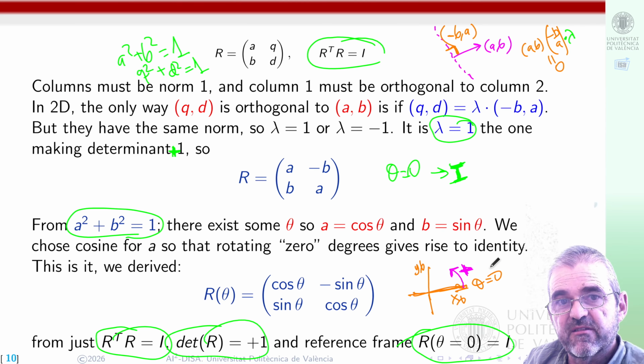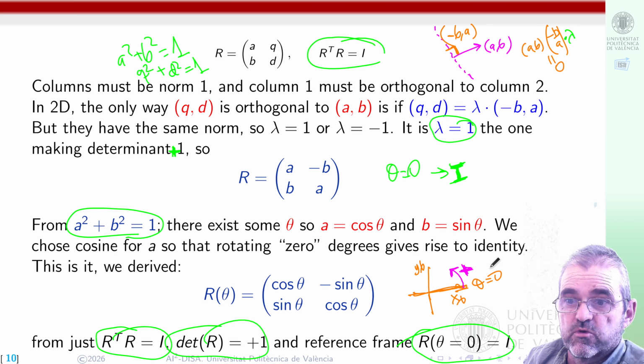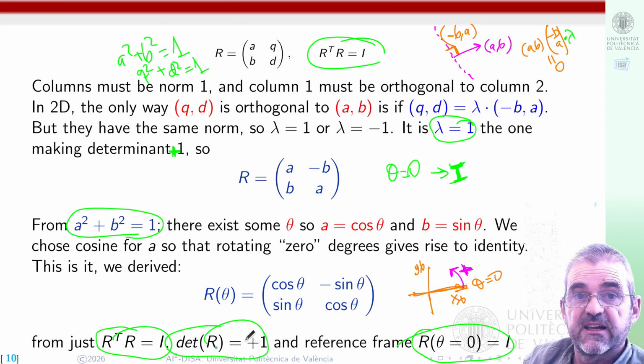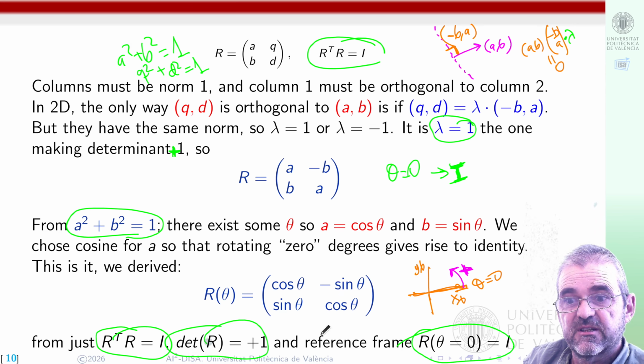We are happy with that reference system. And also the two choices of B, we chose the one that positive theta indicated the counterclockwise rotation. From these properties and some choices of my reference frame, let's say, for theta, we derive the trigonometric formulas again.